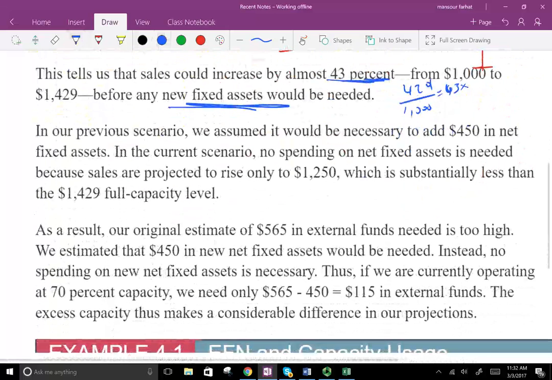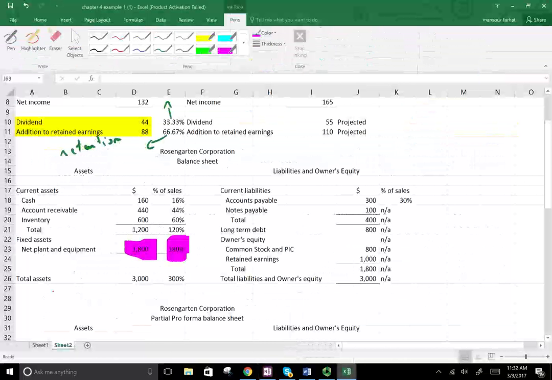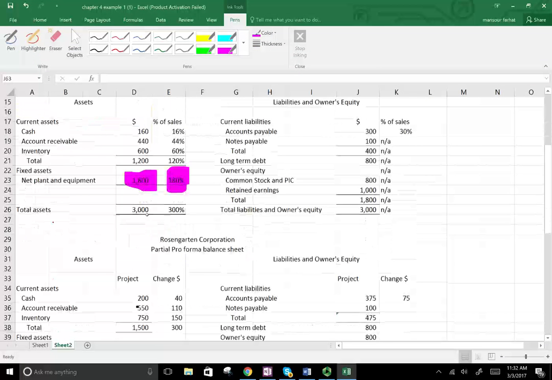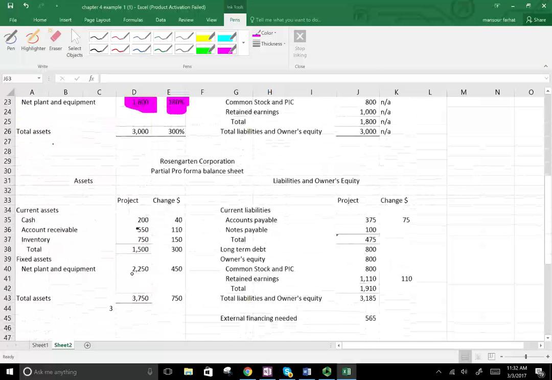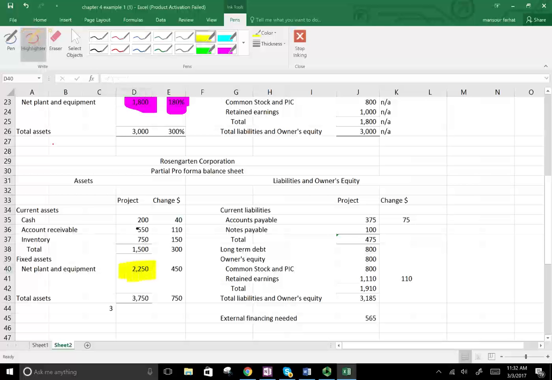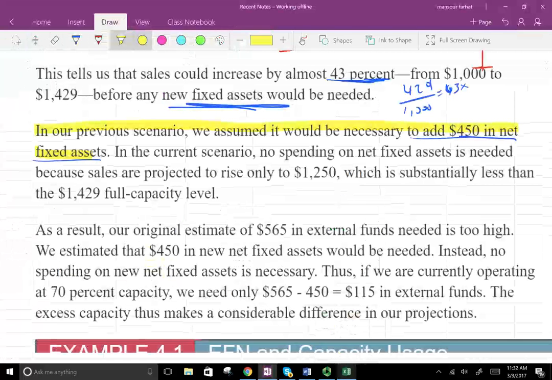In our previous example, we assumed that it would be necessary to add 450 in net fixed asset. If you go back to the fixed asset example that we did, we went from 1,800 in fixed asset to 2,250, so we increased fixed asset by 450. That's not true. We don't need this much new fixed asset.